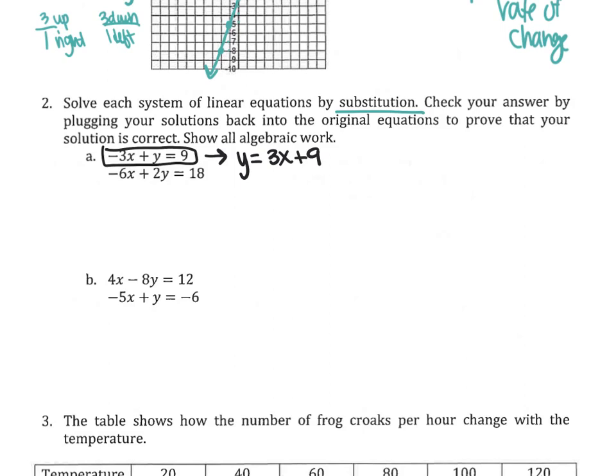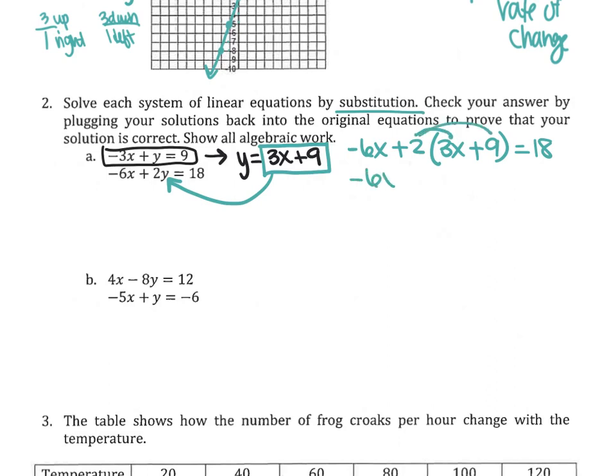And one has an x and one doesn't. Okay, so now that that is by itself, I'm going to take everything y equals and plug it in here. So that's now going to say negative 6x plus 2 times the quantity 3x plus 9 equals 18. Okay, distribute first. Those actually cancel out.